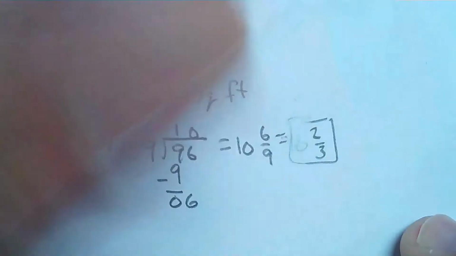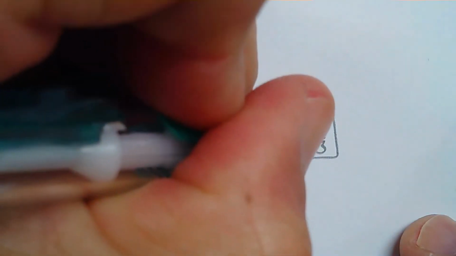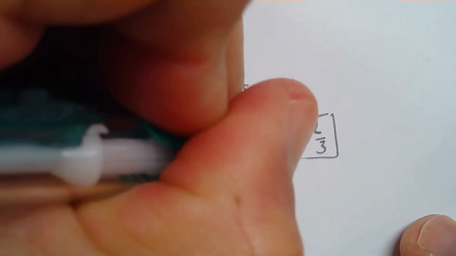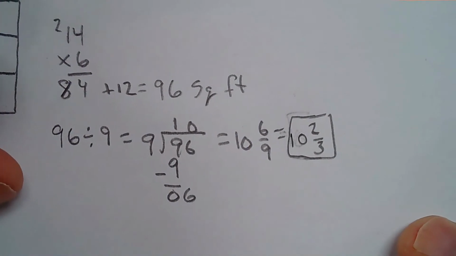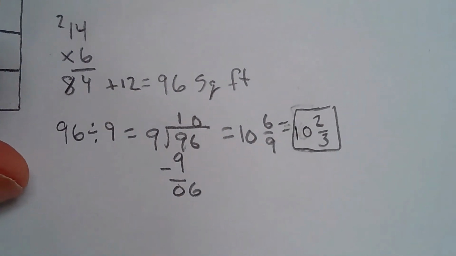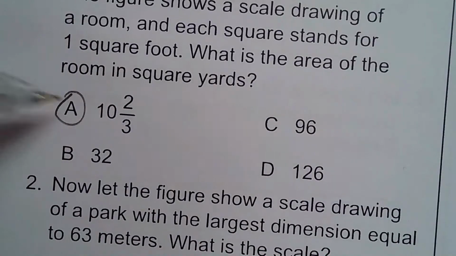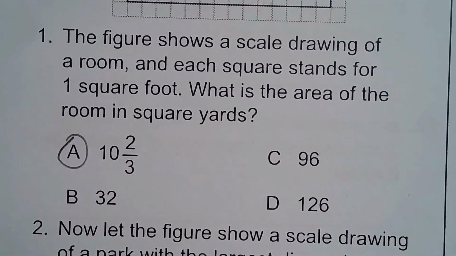So that's 10 and 6 ninths, which is 10 and 2/3. Hopefully, 10 and 2/3. Anyway, so that's A right there. A. Okay, the second one.